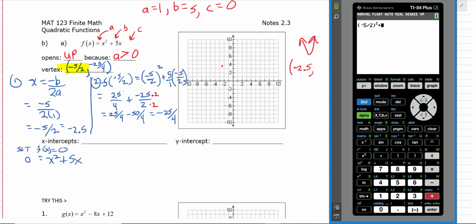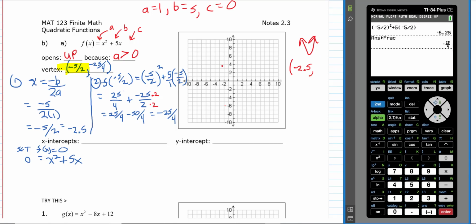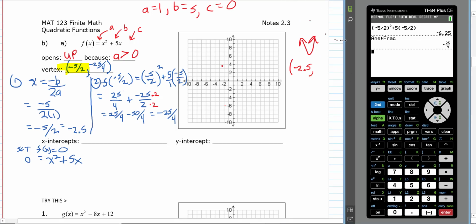And then plus 5 times negative 5 over 2. That gives you negative 6.25. So if I went math, convert to fraction, that gives you the negative 25 over 4. So we now know we got that right. So your vertex is actually negative 2.5 and negative 6.25, which is much better.